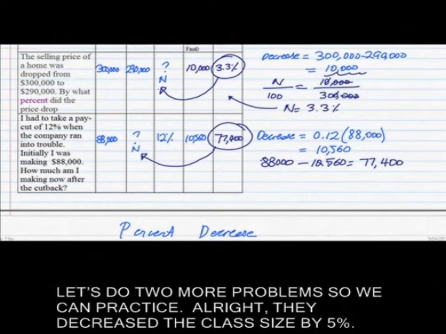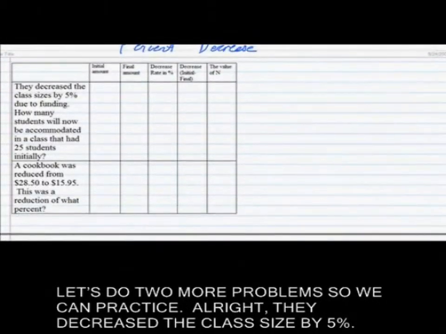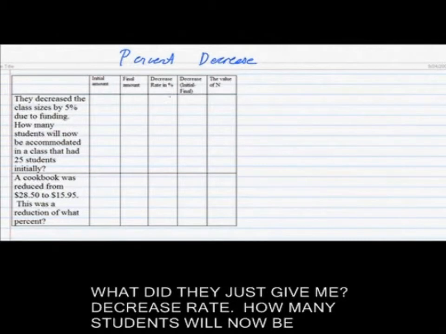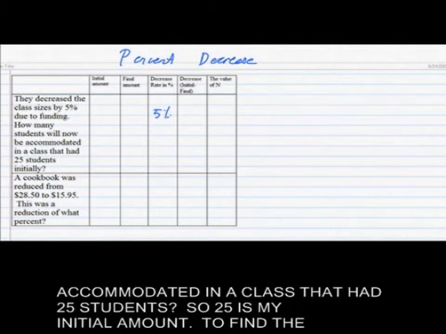Let's do two more problems so we can practice. All right. They decreased the class size by 5%. What did they just give me? Decrease rate. How many students will now be accommodated in a class that had 25 students? So 25 is my initial amount.